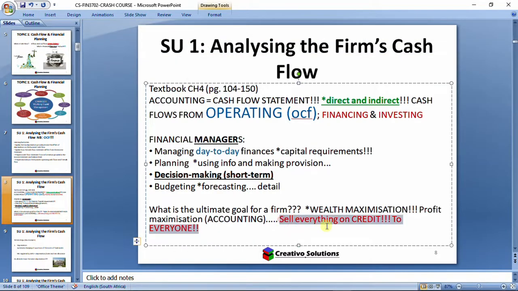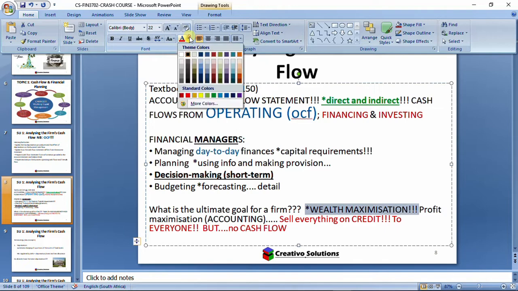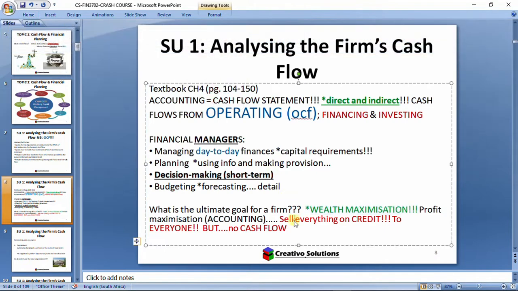If you're selling everything on credit to everyone, your sales are going to drastically increase, so you're going to have a very, very big profit, but no cash flow. Right, so have we increased the wealth of the organization? Definitely not. What you've actually done is you've used up all the resources, you've given all the stock away without any payment.